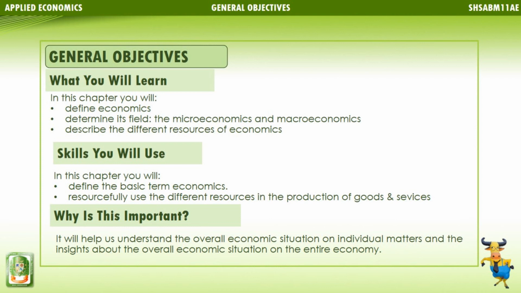Skills you will use: define the basic terms of economics, and resourcefully use the different resources in the production of goods and services. And why is this important? It will help us understand the overall economic situation on individual matters and gain insights about the overall economic situation on the entire economy.